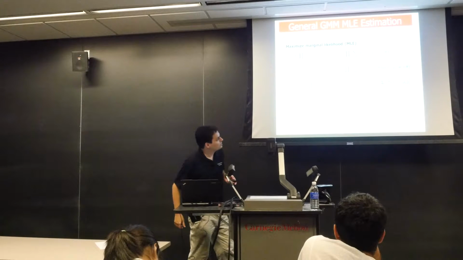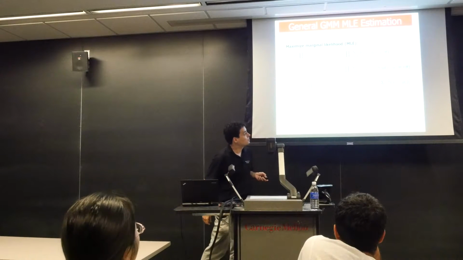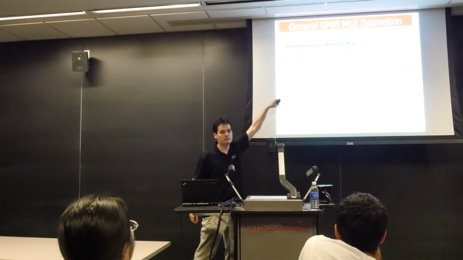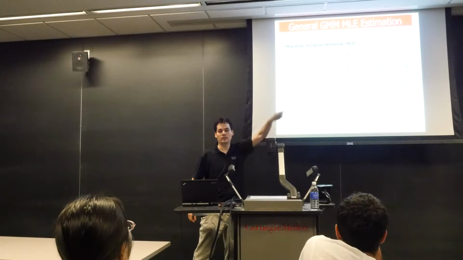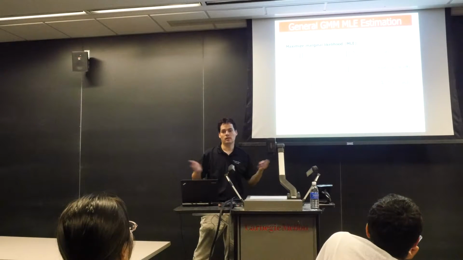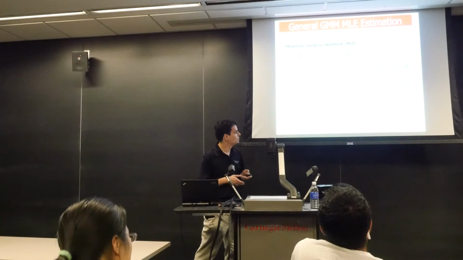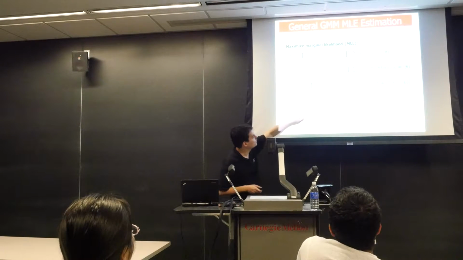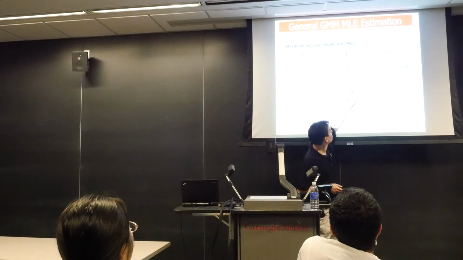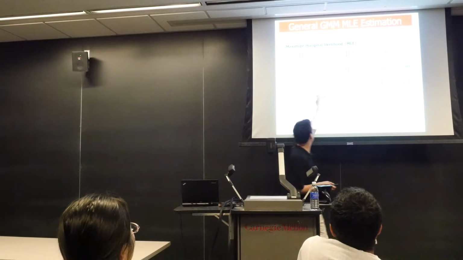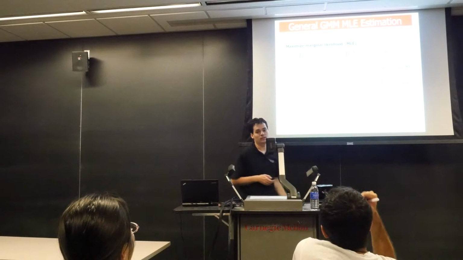So the issue is, how can we do that? One is that we calculate the derivatives with respect to all the parameters, and we solve that system. For example, if I want to find mu I, I calculate this with respect to mu I, and try to solve when it's zero.